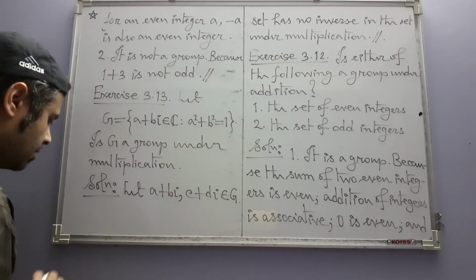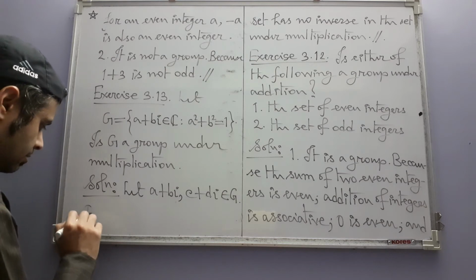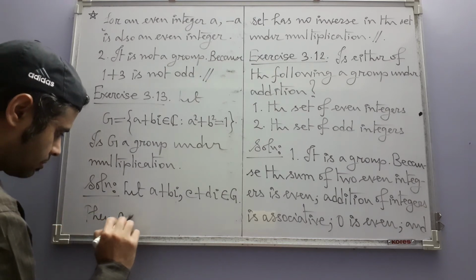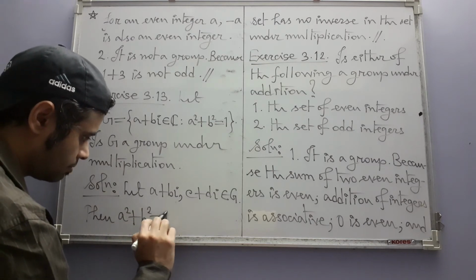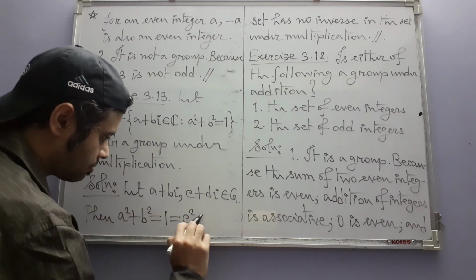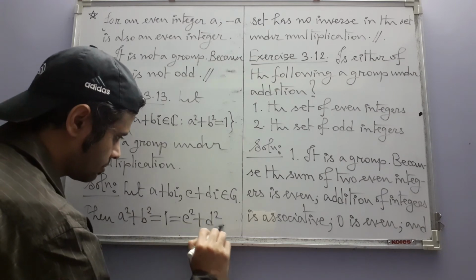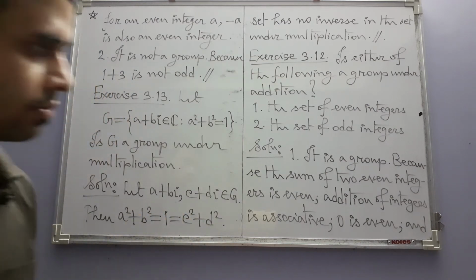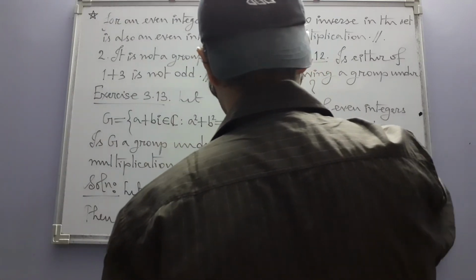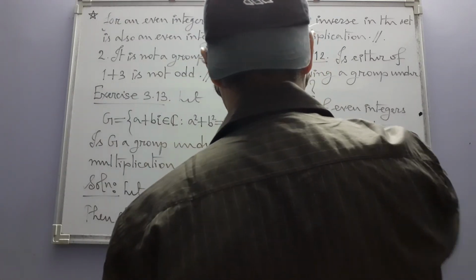So we have taken two elements, then a square plus b square is 1, and c square plus d square is also 1 because they are coming from G. Now what happens if we take their product?